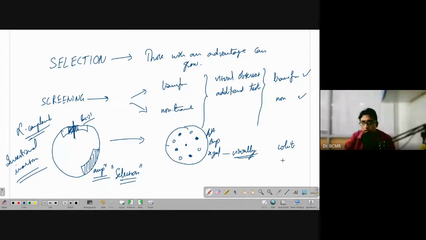And if it is a non-recombinant, it will produce a functional alpha component, because of which beta-galactosidase is formed, and then it would hydrolyze X-gal to give rise to blue color. So here, by looking at the color of the colonies, either blue or white, we are able to figure out if it is a recombinant or non-recombinant.